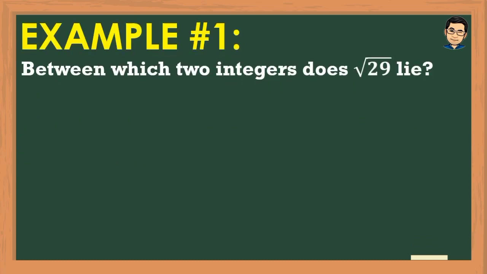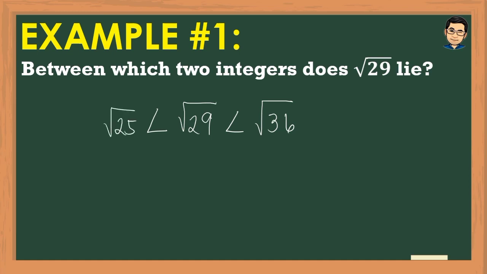Between which two integers does square root of 29 lie? So, iisip tayo ngayon ng dalawang perfect squares na kung saan nakapaloob yung square root of 29. So, yung dalawang perfect squares na yan are 25 and 36. So, sulat lang natin, square root of 29 is less than square root of 36 but greater than square root of 25.